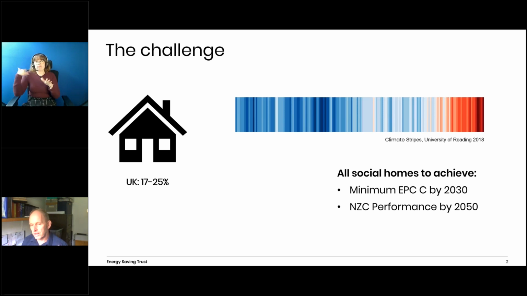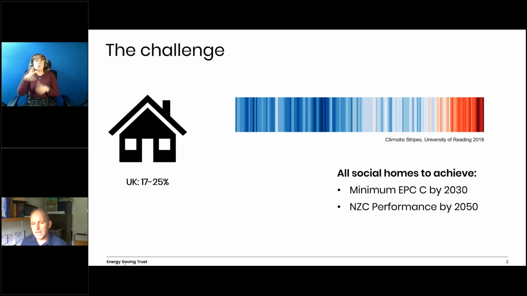What is really stark is that end section where we're suddenly getting redder and redder and deeper and deeper red. I could go on at this point and show you lots of pictures of catastrophes happening around the world, but we all see those ourselves every day now, increasingly, and increasingly close to home as well. So I'm not going to do that.